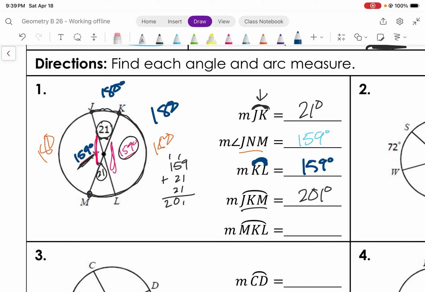Okay. And then again, if I trace MKL, and you got to go in the order that it says, and it's talking about the outside arc, M to K to L. So that is wanting everything except that middle section right there. So again, if I'm tracing in the order it says, M to K to L, if I were to travel from M and go past L going to K, well, then I'm going out of order from what it says.